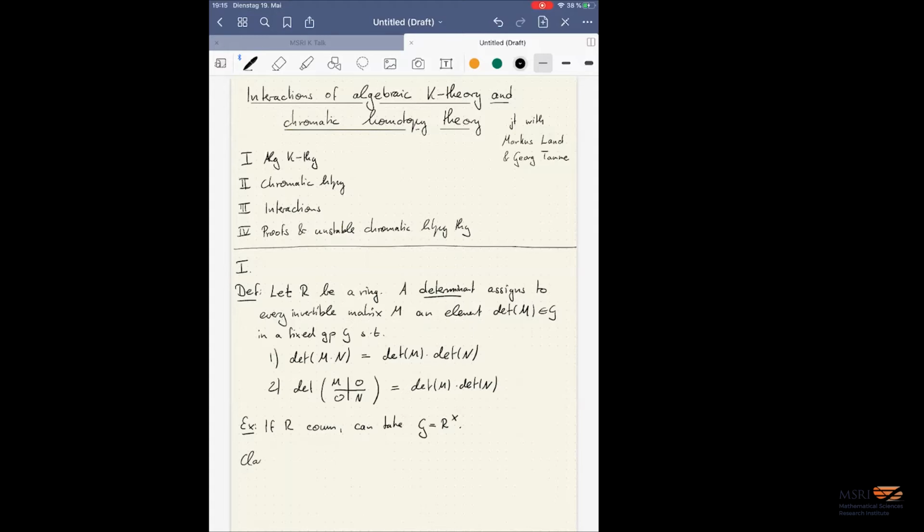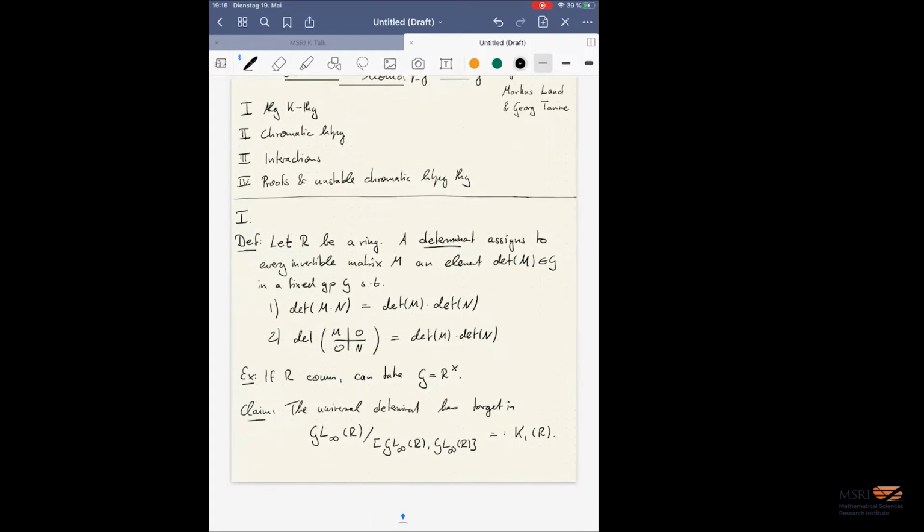The claim is the universal determinant has target GL infinity of R modulo its commutator, so the abelianization of GL infinity R. And this is defined to be the first algebraic K group of R.